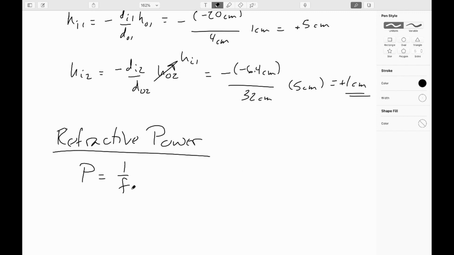And usually the unit used is the diopter, and this is an inverse meter. So if your eyeglass prescription is, say, negative 0.5 diopters, it means you have a diverging lens with a negative 2 meter focal length.